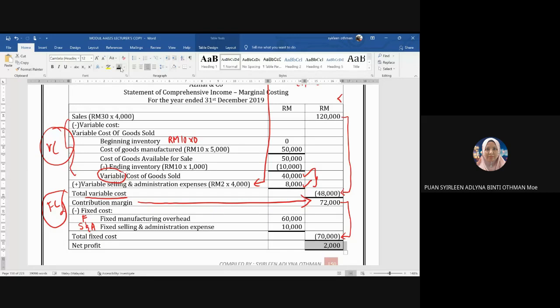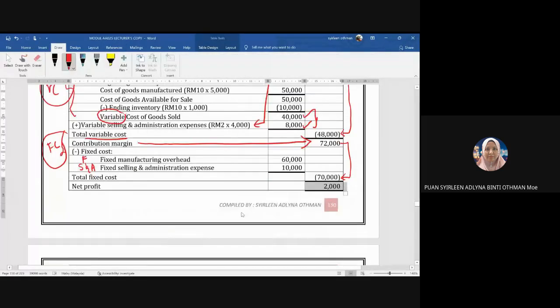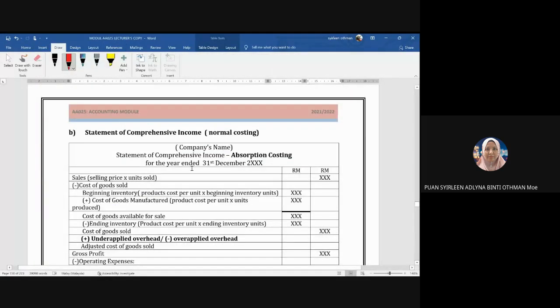Okay, alright. So ini kalau statement guna actual costing. Dengar betul-betul actual costing. Apa beza dia? Beza dia dekat variable dekat cost of goods sold tak ada adjustments. Okay? Alright, kita tengok kalau kita guna normal costing. Okay, kalau normal costing format sama macam tadi, absorption, format sama.